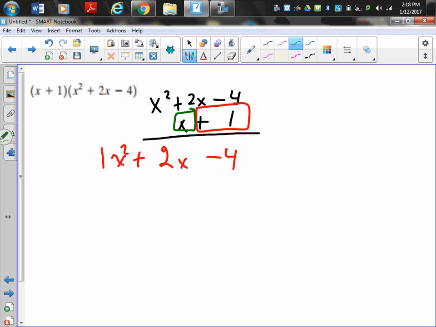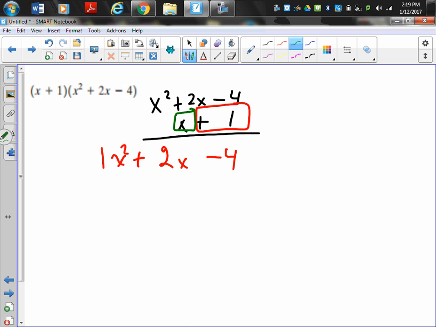Now I'm going to take the next piece. x times negative 4. We're multiplying, not adding.